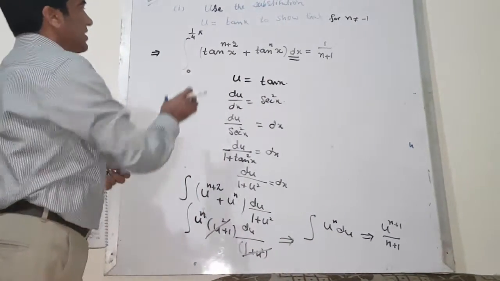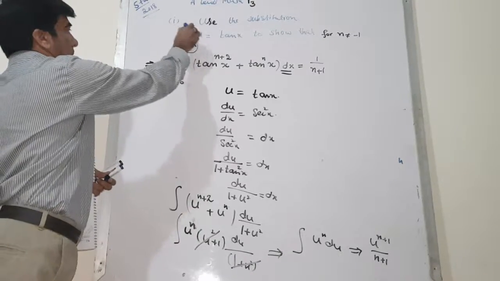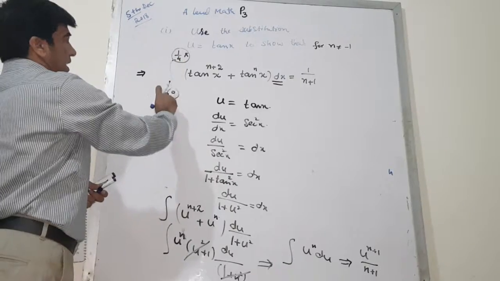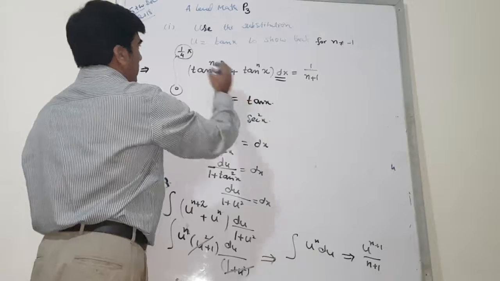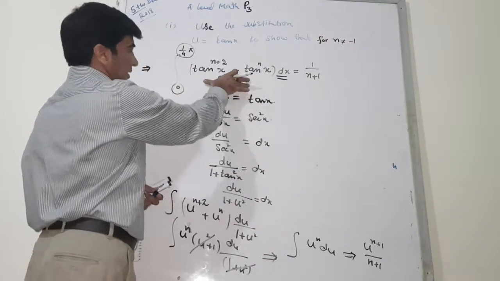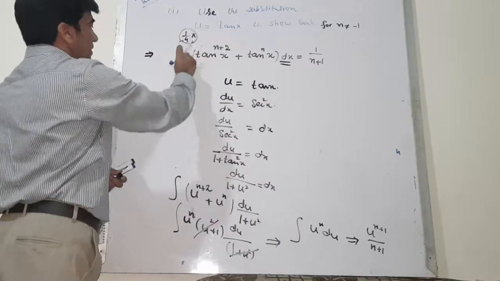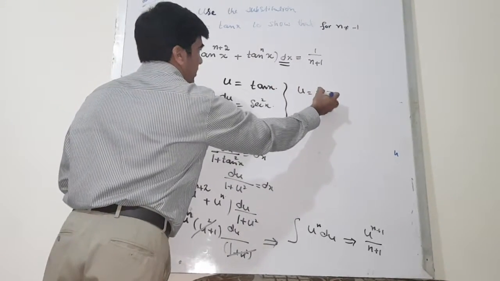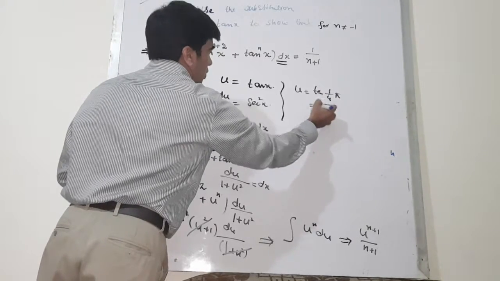As you see, this is a definite integral. Definite integral means the upper limit and lower limit are specified, and these limits also need to be converted in terms of u. Look, these are values of x as I told you, and now your expression is changed into u, so there must be limits of u. How? u is tan of pi over 4, and tan of pi over 4 is equal to 1.